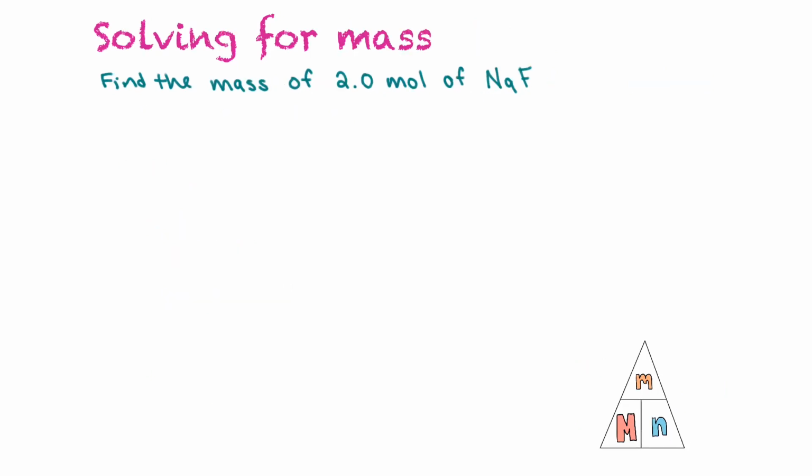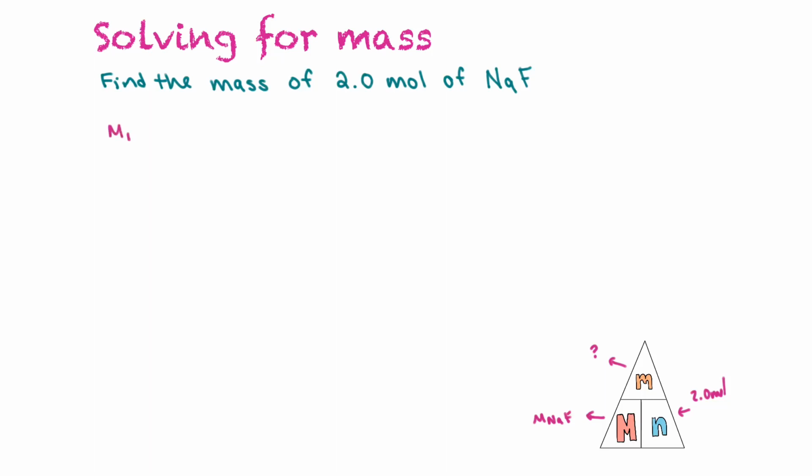In our last example, we're being asked to find the mass of 2.0 moles of sodium fluoride. So the value we don't know is mass. The value we can find more about is the molar mass of sodium fluoride, NaF. And we also know that we have 2.0 moles. So the first thing we need to do is find the molar mass.